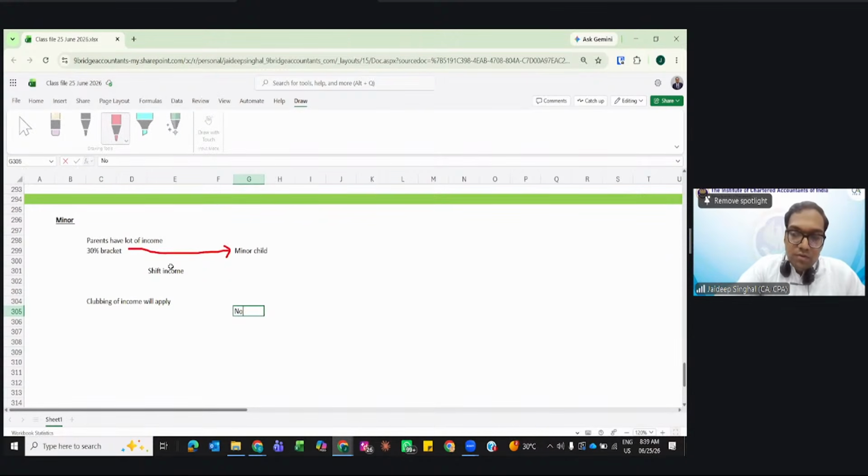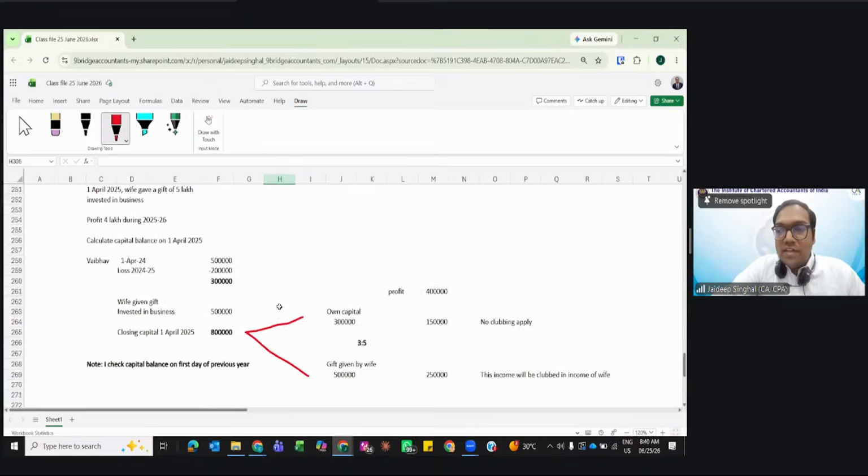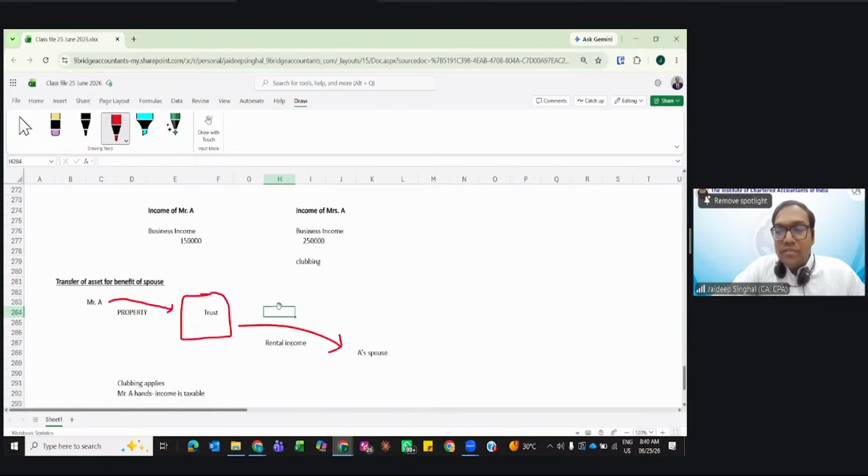Write a note: all income of the minor child is clubbed, except income from special talent.